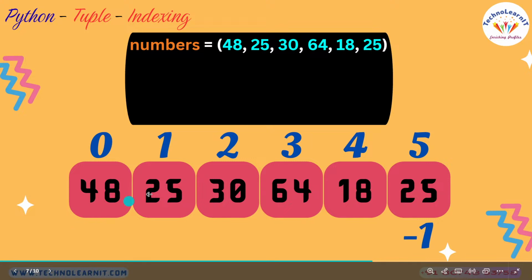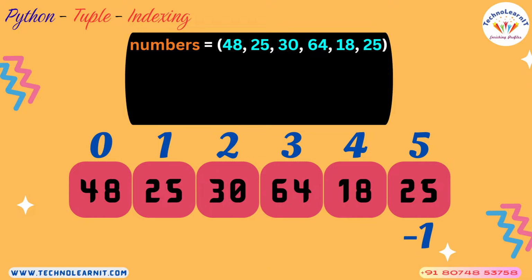Similarly, there is something that Python supports which is called negative indexing. Negative indexing is something like this. Negative indexing starts with -1, and remember, negative indexing starts with the rightmost element or the last element in the tuple, and it keeps reducing from right to left.